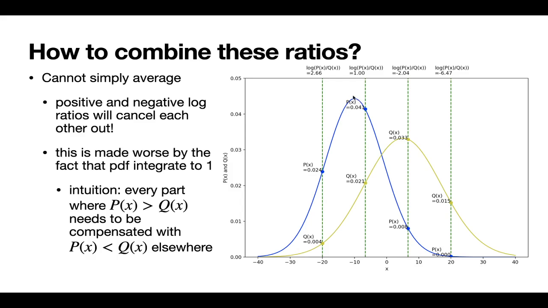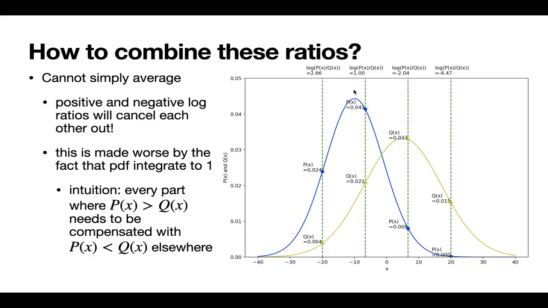So it's almost as if you were to boost up, for example, the P curve at some point, that boost needs to be compensated by other points of the P curve being lower. So it's almost as if every positive log ratio, every part where px is larger than qx, needs to be compensated by another negative log ratio, another point where px is lower than qx. So their fair average, their unbiased average, is always going to approximate 0.